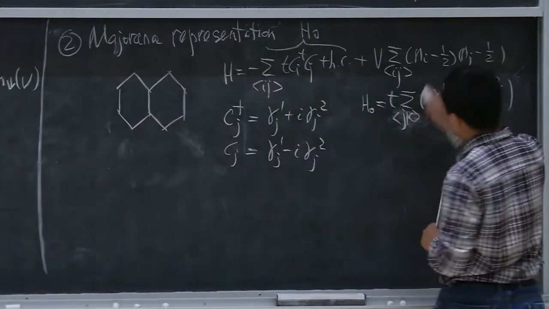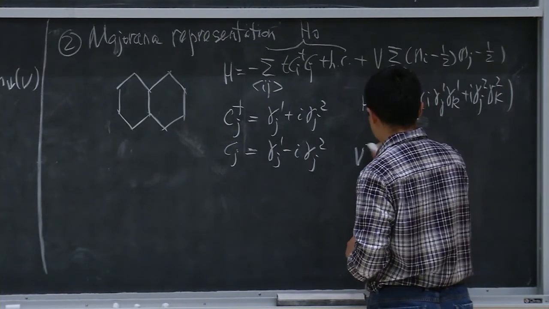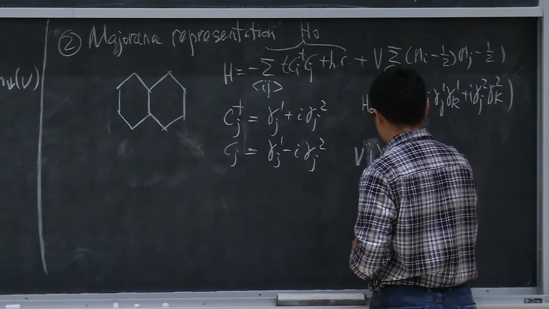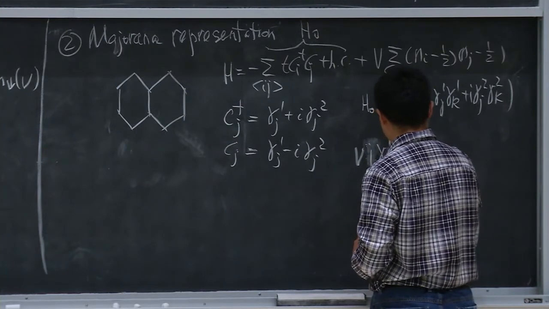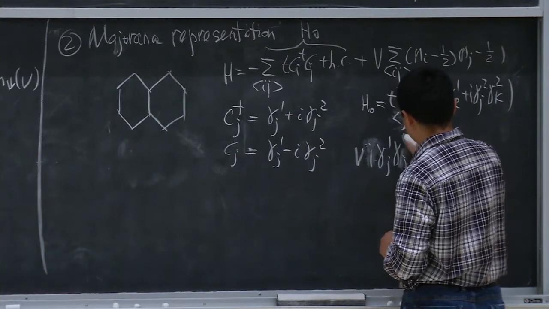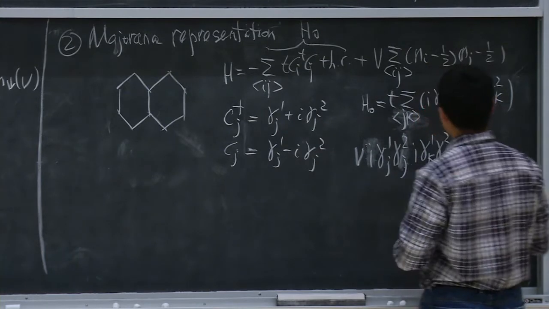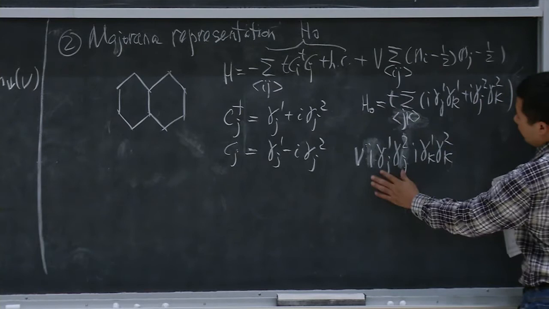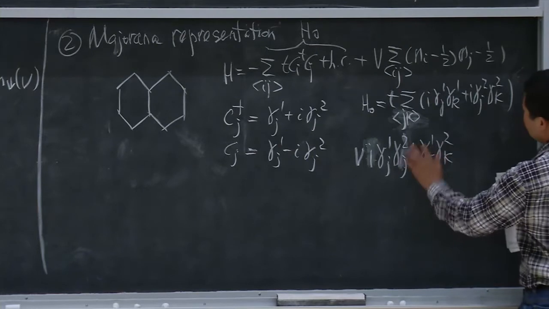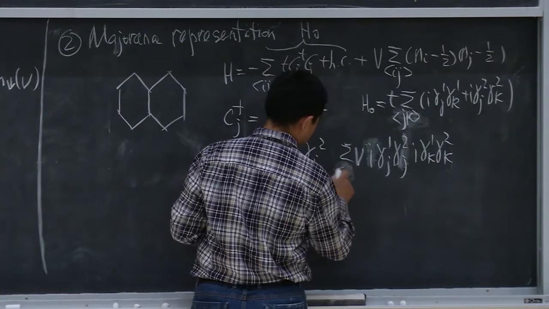And for this interaction in terms of Majorana, let's say for a given bond JK, it is 2 i gamma_J1 gamma_J2 times 2 i gamma_K1 gamma_K2. Okay, this is a density operator in terms of Majorana, which is a product between 1 and 2 at a given site. So this is the nearest-neighbor bond interaction.